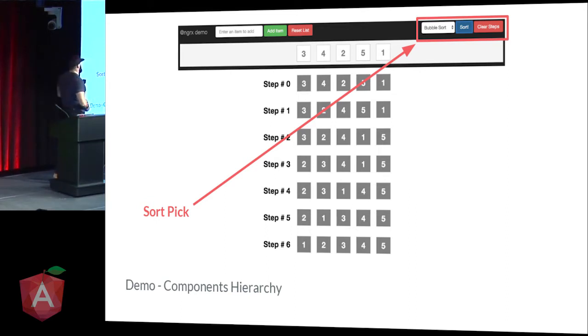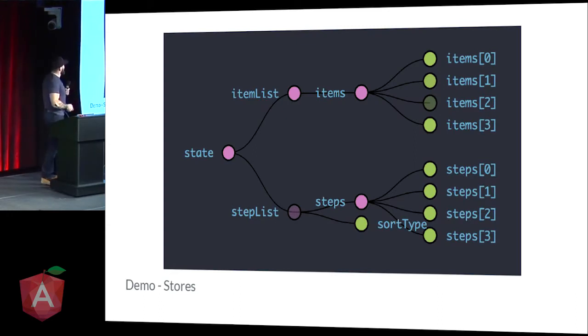The hardest part for me is always naming those components. This is where you select which sort you want to apply, and then the ability to sort, and also to clear the step list.